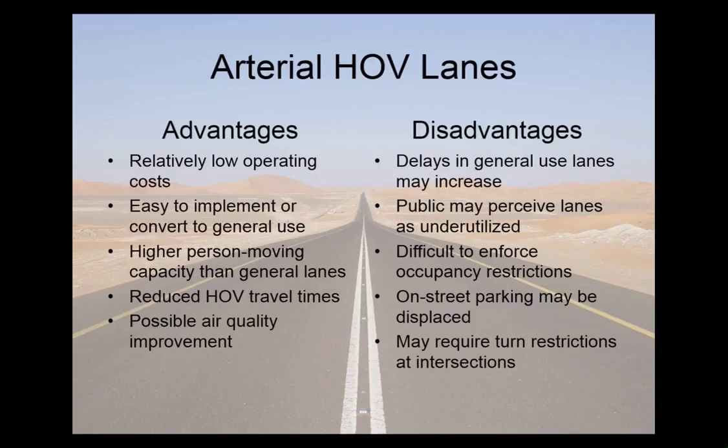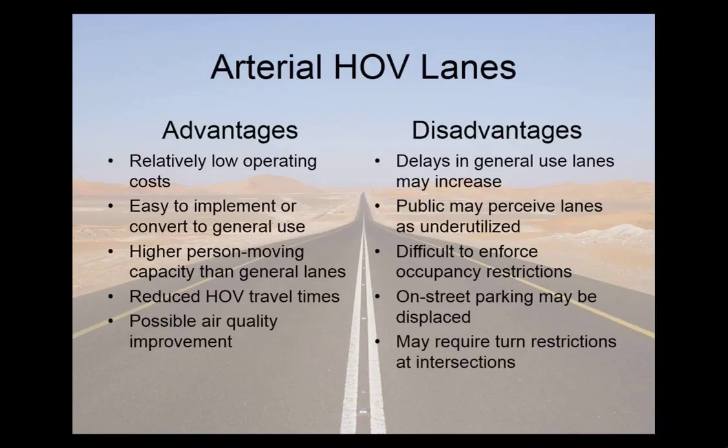So if the HOV lane is regarded as a failure, it can be easily converted to a general purpose lane. They can carry more people than general purpose lanes. They reduce the travel times for high occupancy vehicles, and they might also improve the air quality along the roads. That's somewhat debatable, but it is one major reason for implementing HOV lanes.